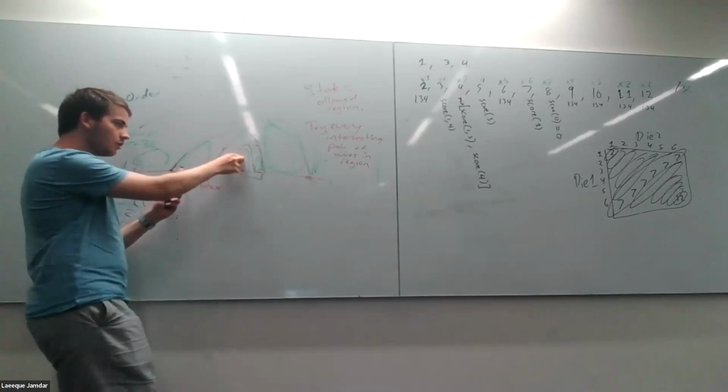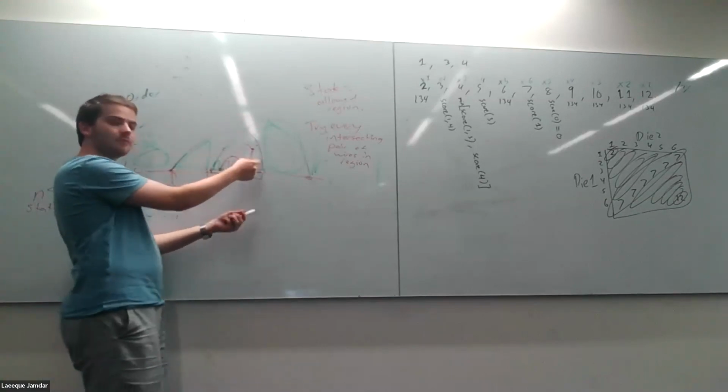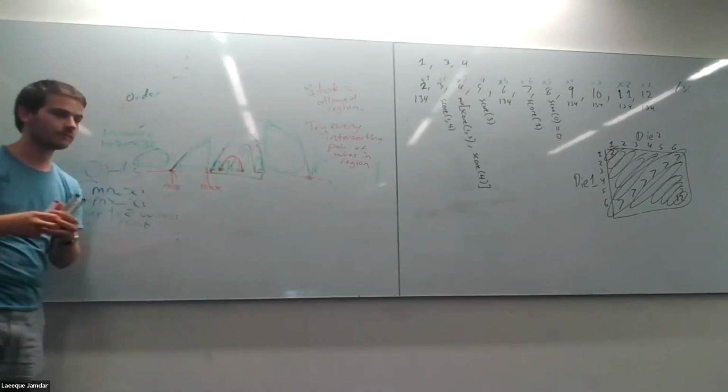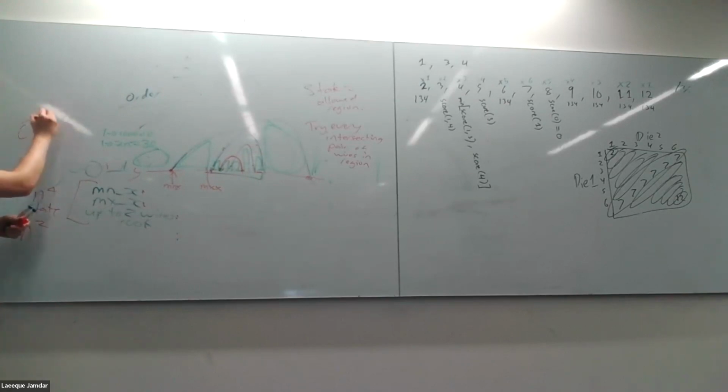Well, it's the sum of their scores plus recursively solving the problem on each of these subregions. And if we do that, then we get a DP that has order n to the 4 states and order n squared work at each state, which gives us an order n to the 6 solution.